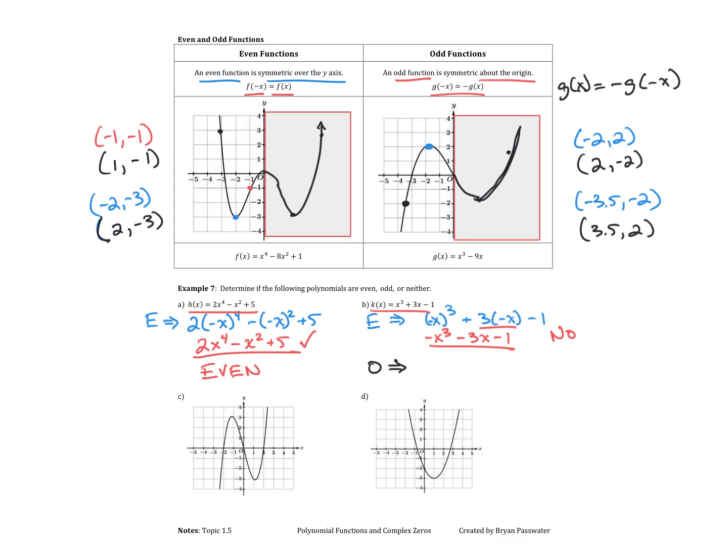If I distribute the negative there, it's now a positive x cubed, and then positive 3x, and then positive 1. Is this the same as the original? No. So is it odd? No. So it's not even or odd, so it's neither.